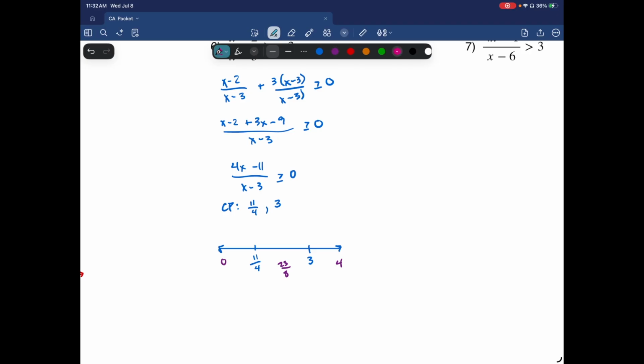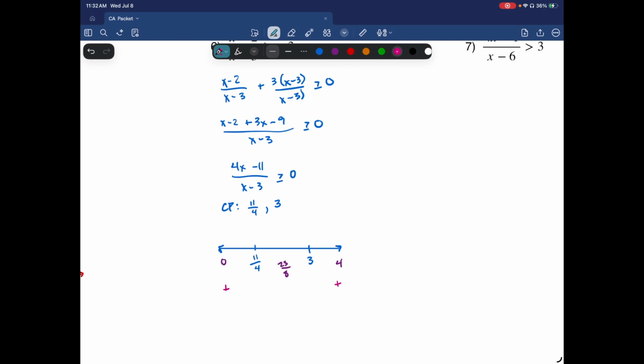If I plug a 0 into the top, I get a negative. If I plug a 0 into the bottom, I get a negative. A negative over negative is positive. If I plug in 4 on top, I get a positive. On the bottom, I get a positive. So that's that.